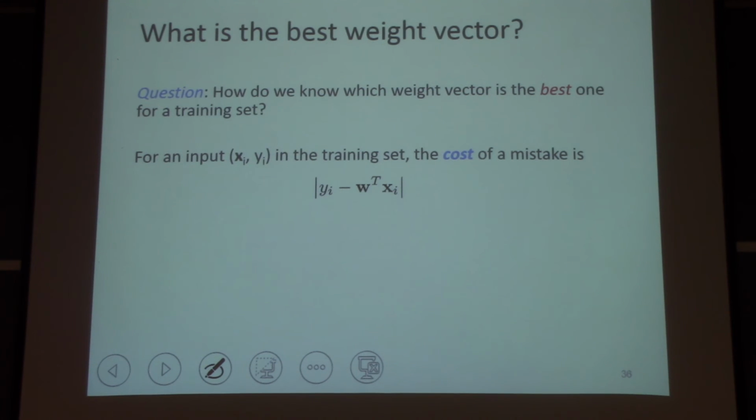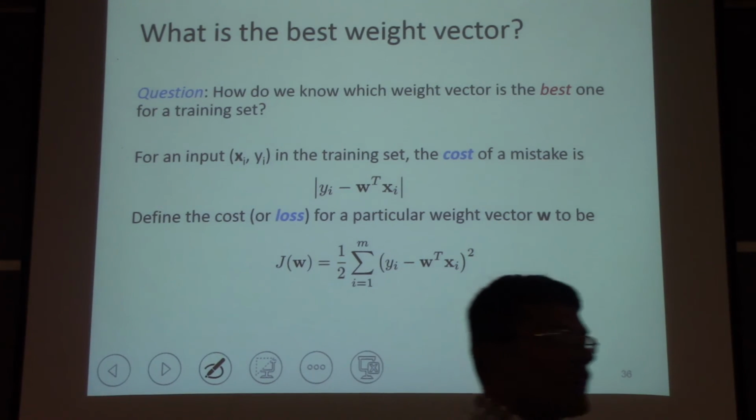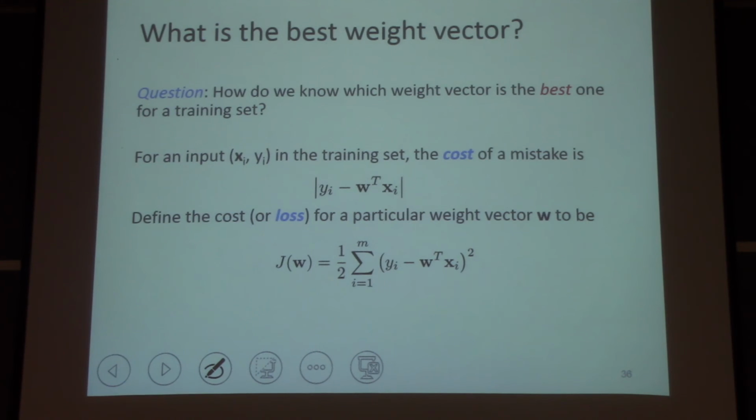And for a particular weight vector, I can define its total cost over the entire training set as simply the sum of all the mistakes. Because the math works out nicer, absolute values are kind of annoying, we'll use the sum of squared mistakes. So we go over all the training points. For one particular W, you find what is the mistake that this W makes on every example, and in this case I'm going to use a squared error. Add all the errors up, and this is how bad this vector is.